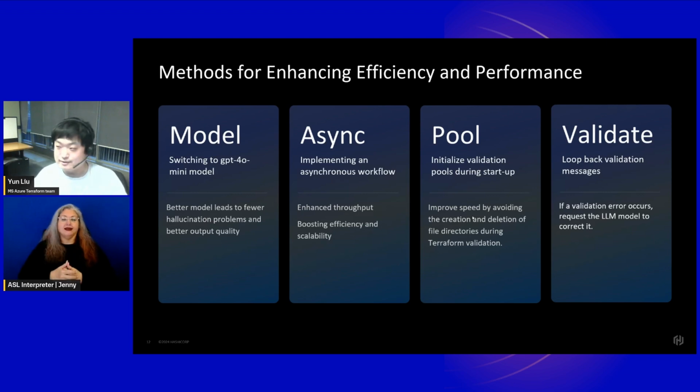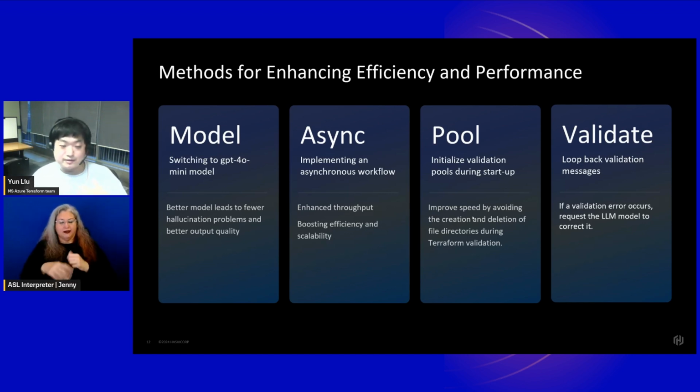So the final one I want to say is the validation. The validation loopback really helps us to improve our quality. Because asking the LLM to generate all the resources, all the properties at one time and in a correct way, that is very hard.